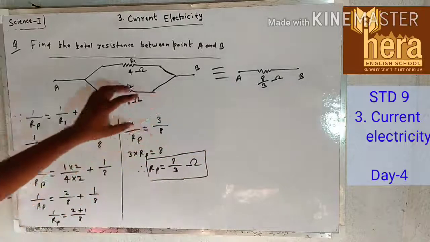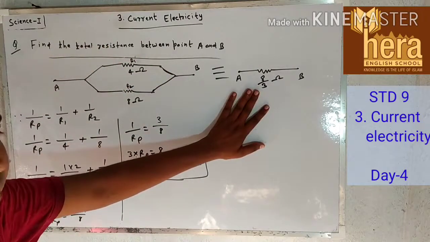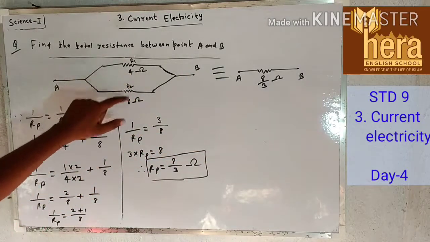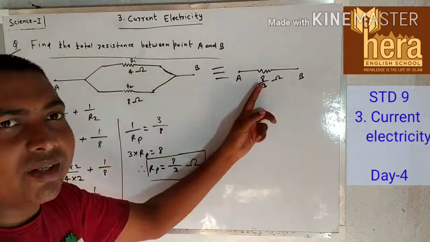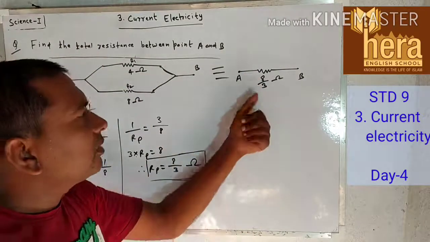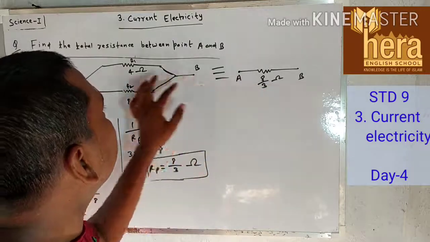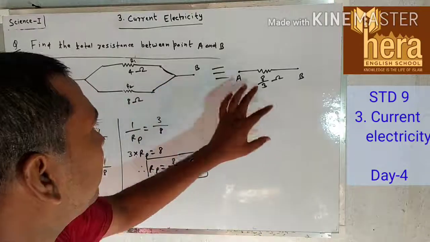If you have only one resistor, you don't have the 8 ohm and 4 ohm, what you will do is, in the place of two resistors, you can connect only one resistor having resistance 8 by 3 ohm. The function of both resistors will be the same.